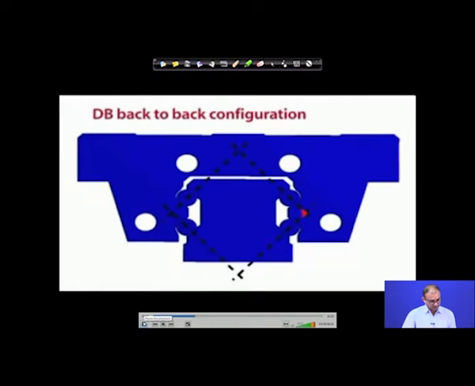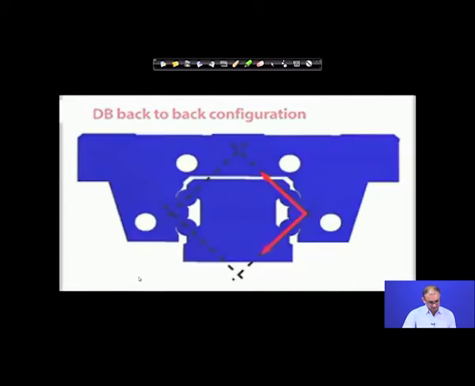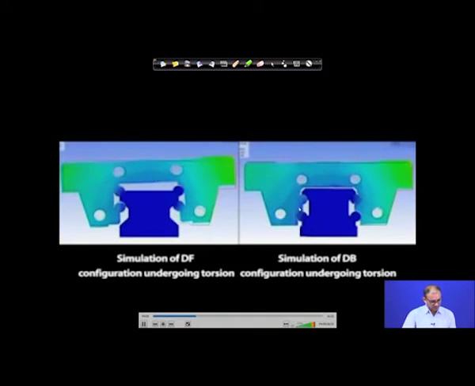Now, this is called back to back configuration, BD type. Here, these particular balls have contact points such that the center lines move in this particular direction. That is called back to back configuration. So, its contact is outside of that part. This is the counterpart of the DF configuration under torsion. Torsion means you are moving in this particular direction.